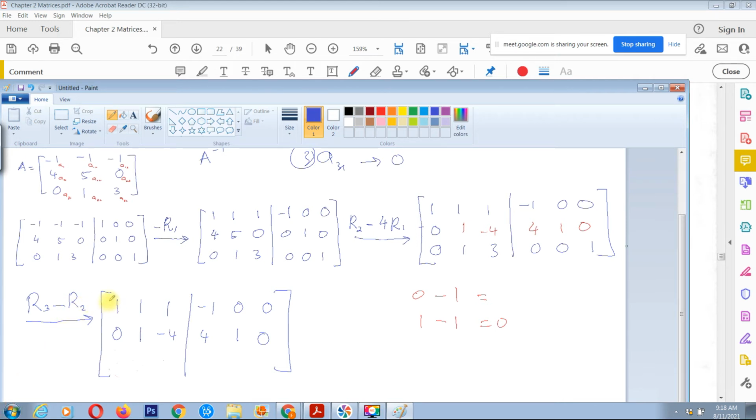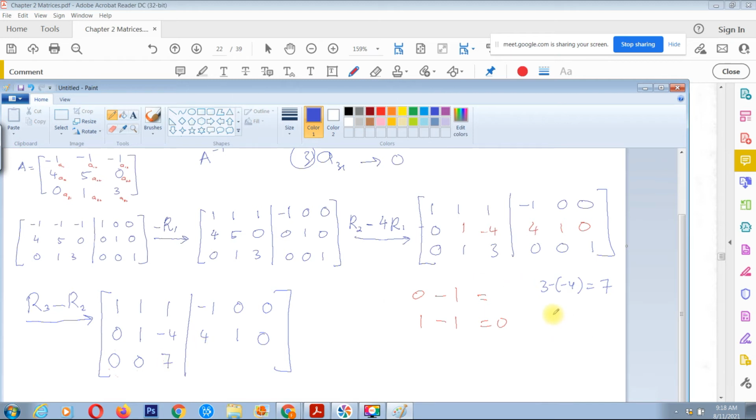R3 minus R2: 0 minus 0 is 0, 1 minus 1 is 0, 3 minus -4 gives 7.